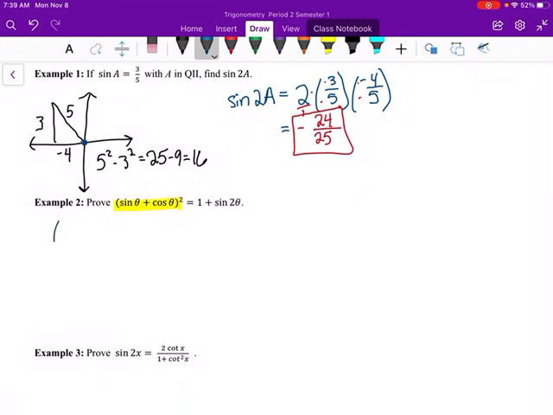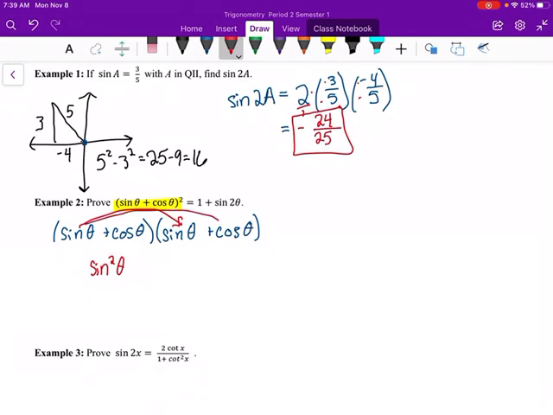We're going to start by foiling this out. Remember, because it's squared, it's the same set of parentheses being multiplied by itself. We would end up with sine squared theta plus sine cosine plus sine cosine. So that would be 2 sine cosine, and then plus a cosine squared.